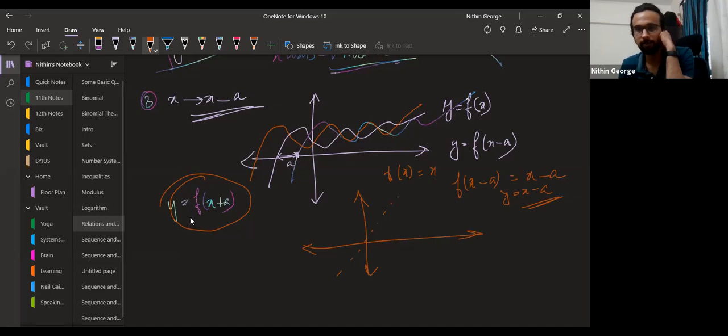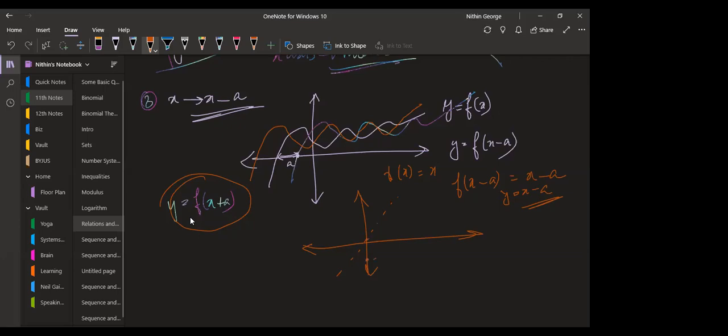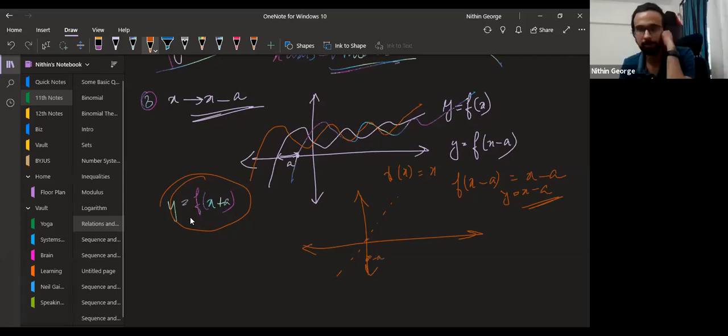You put x equal to 0. What do you get the point as? Y equal to minus a. So let this be y equal to minus a. This is one point. Put y equal to 0. What do you get x as? X equal to a. So you should be able to see this graph coming up ahead.